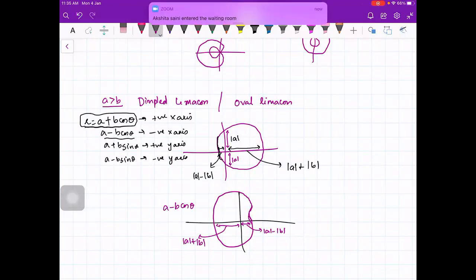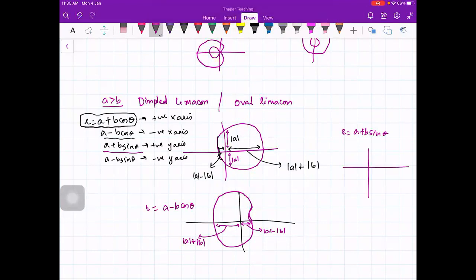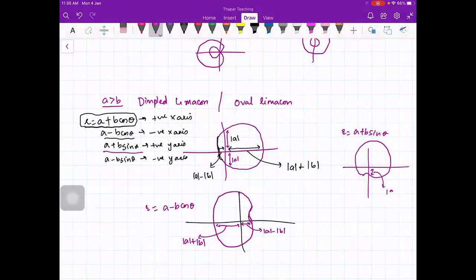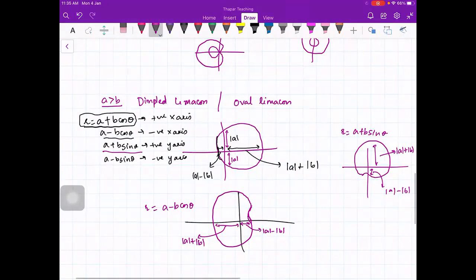And if you plot r is equal to a plus b sine theta, then your maximum part will be on positive y-axis. So something like this. This portion will be mod a minus mod b because a is greater, and this portion will be mod a plus mod b. Is that okay, beta? And this will be mod a.